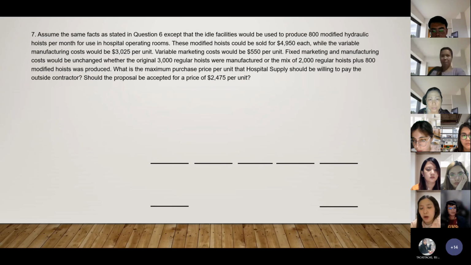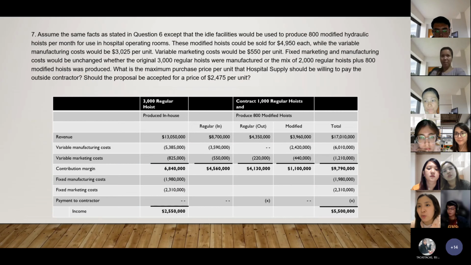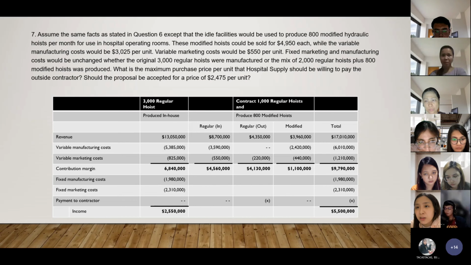So this time we change the contracted regular units to 800 modified hoists. As you can see, the revenue for the regular 3,000 hydraulic hoists is $13,050,000.